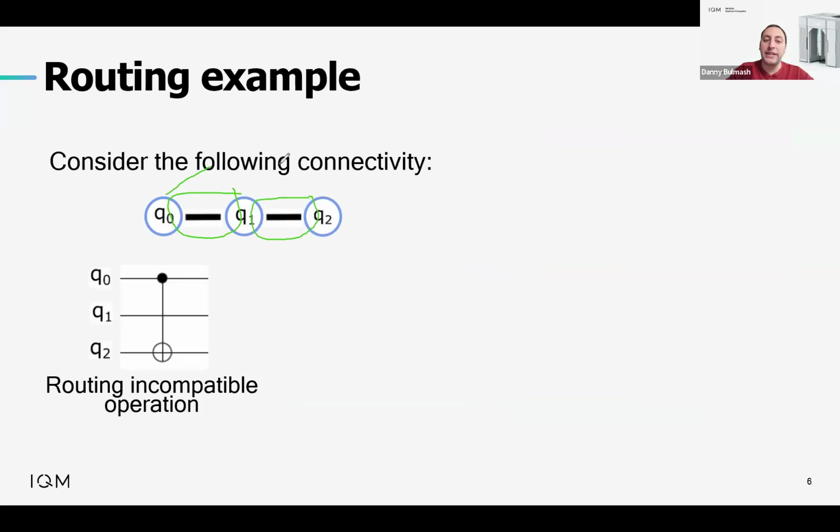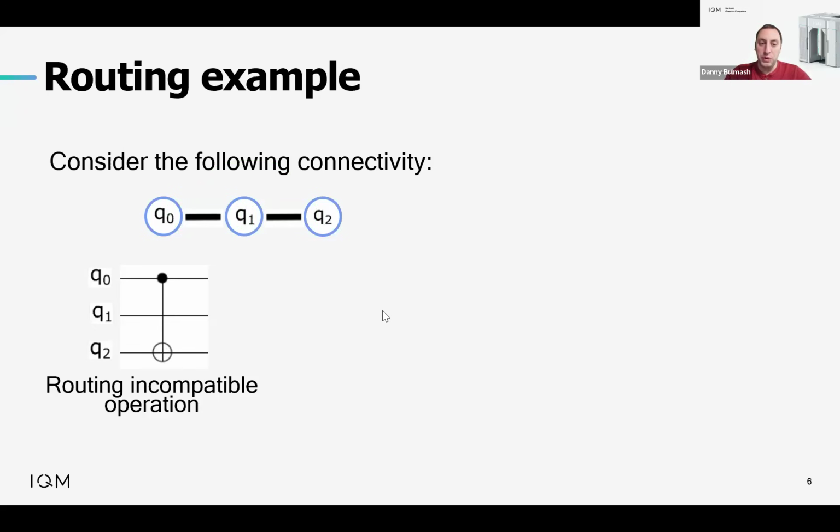But there's no direct connection between qubits 0 and 2. So what can we do? This CNOT gate is what's called a routing incompatible operation. There is no direct connection between the 2 qubits that we're trying to do a gate on.